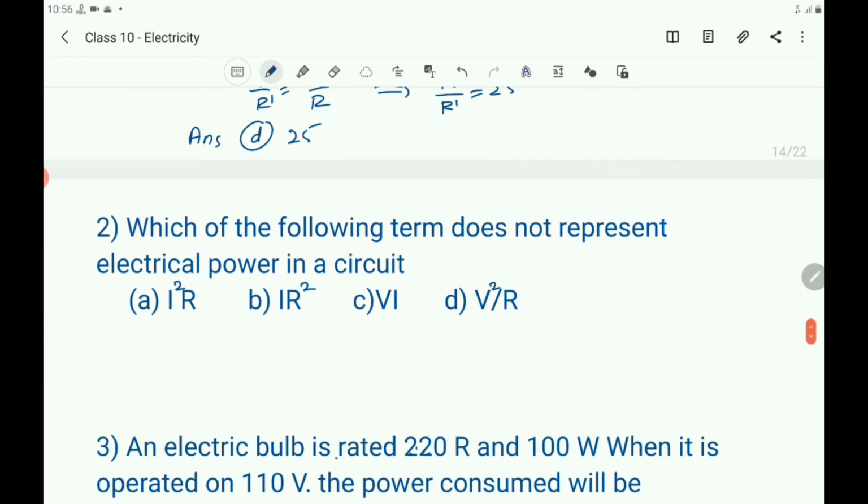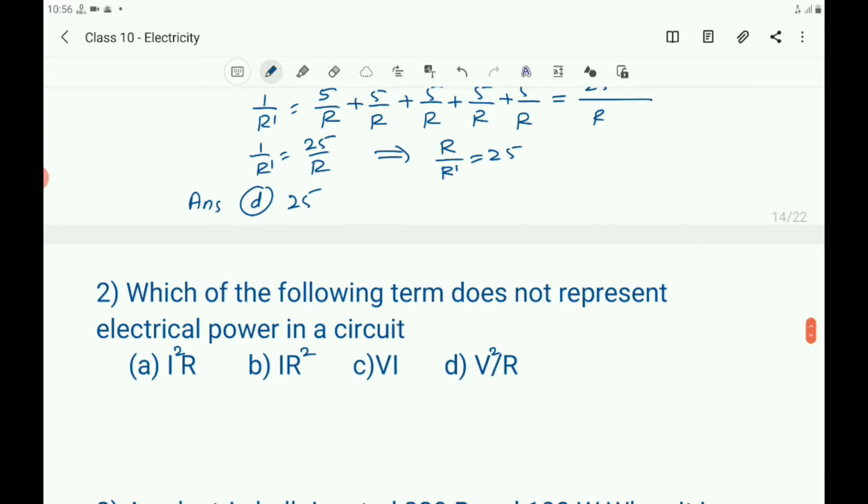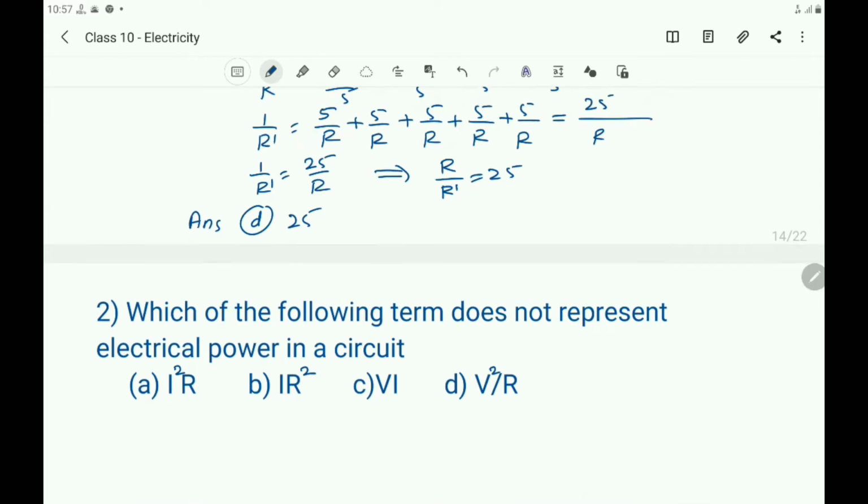Then you take the second question. Which of the following terms does not represent electrical power in a circuit? Here you know the formulas for electrical power.